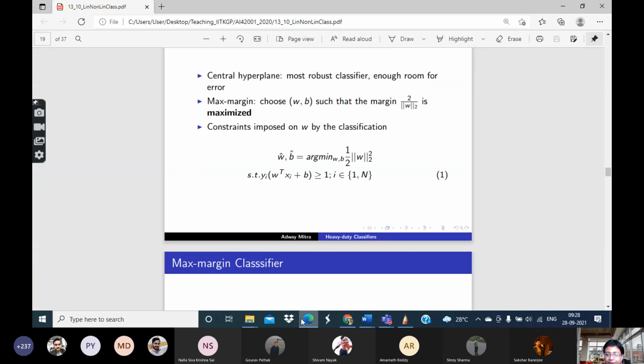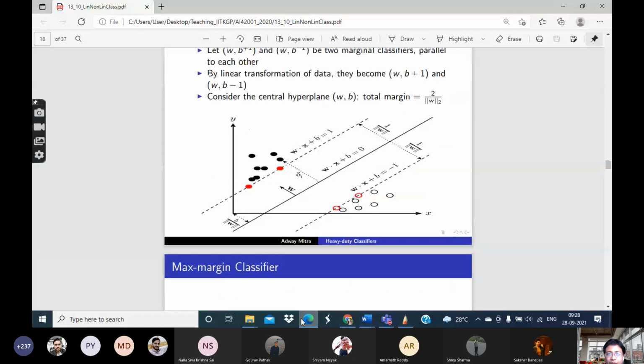The points should be correctly classified with respect to the marginal classifiers also. Correct classification with respect to this line is indicated by yi times w transpose x greater than or equal to 0, and I want that to happen.